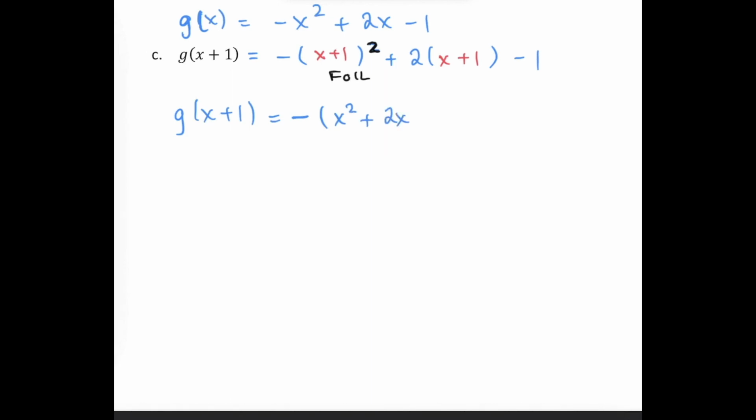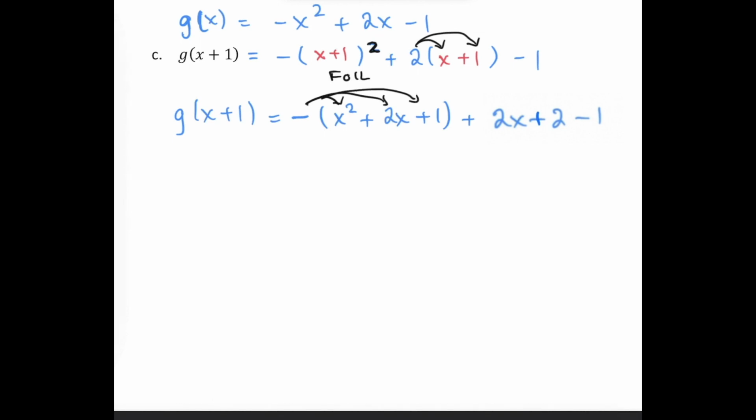Twice the product is 2x, and then square the second. So FOILing this binomial is going to give us x squared plus 2x plus 1. And then let's go ahead and distribute that 2 into the parens over here so that we have 2x plus 2 minus 1. And then now we are ready to distribute the negative in.